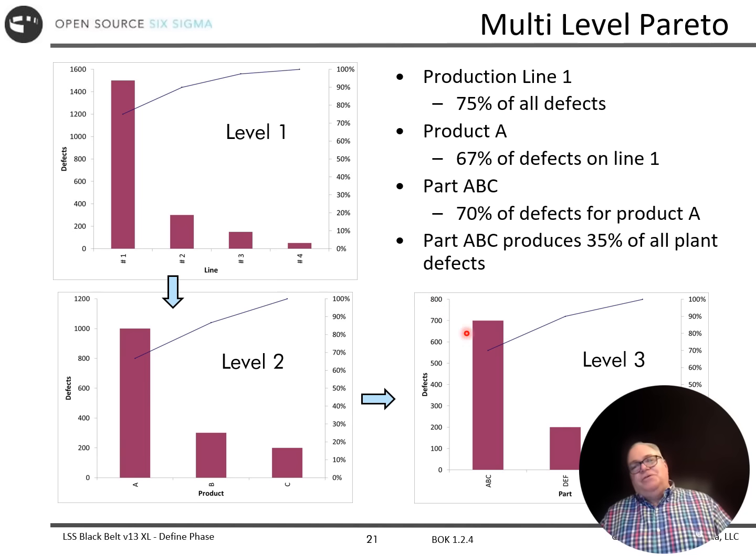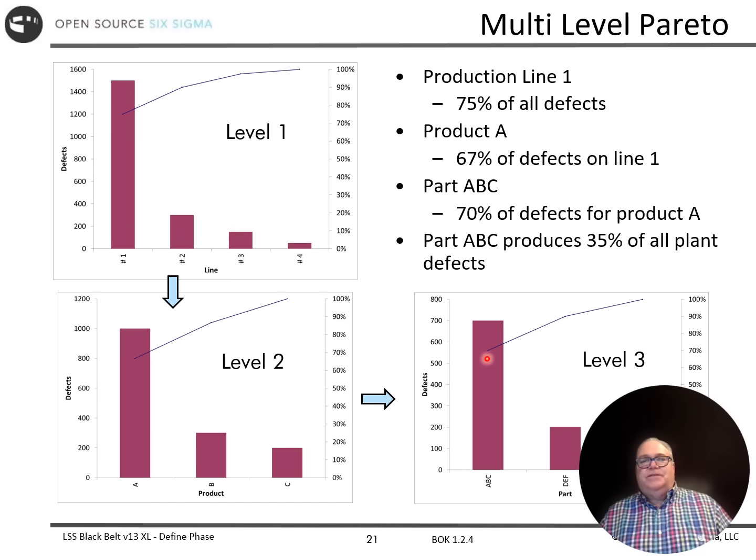And then we can even go to a third level or a fourth level, whichever we might be able to break it down to. And it says that part A, B, C, whatever that might be, is the highest inside product A, inside assembly line number one.